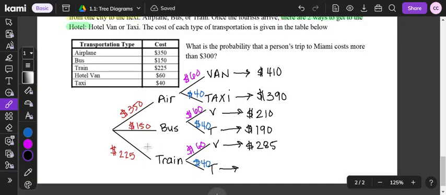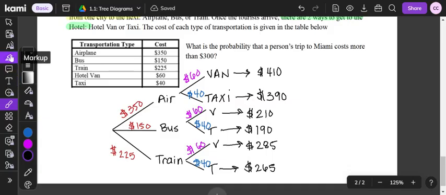And then finally, this last possible trip I could take is $225 for the train plus another $40 for the taxi. That's $265. And I want to know how many of those events cost me more than $300.